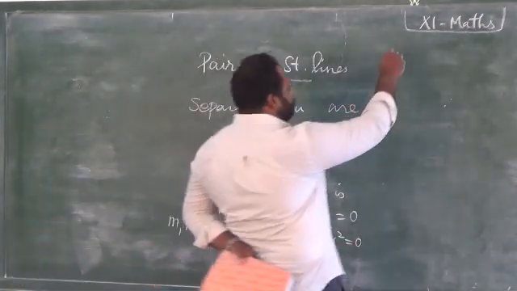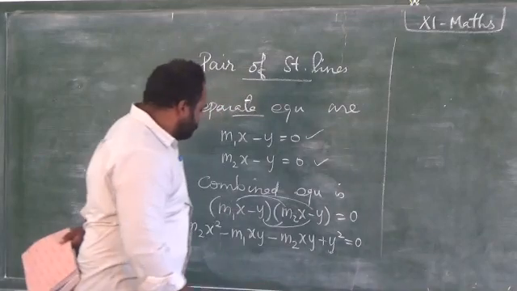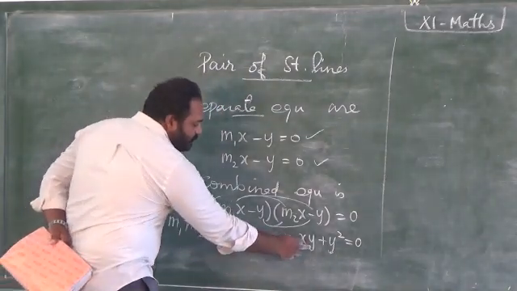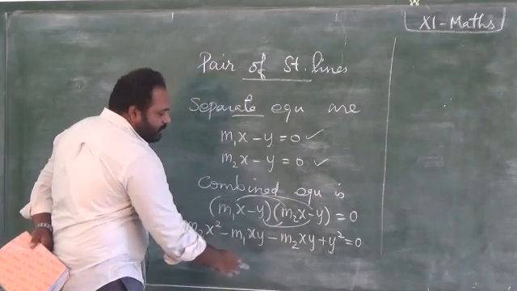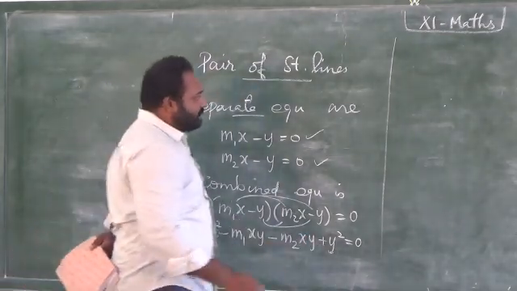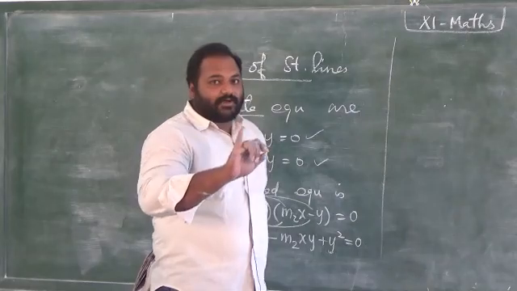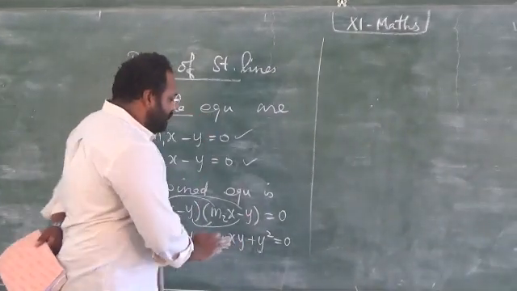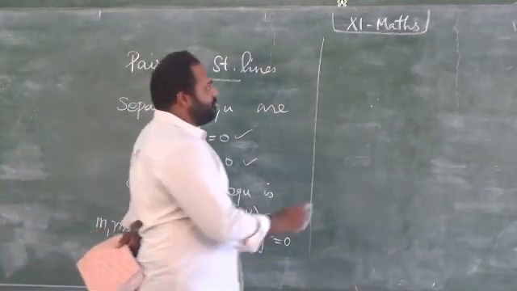Now we have some more simplification. This is the x square term, this is the xy term. We have two terms in xy, then the y square term. So we write the x square term, then the xy term, then the y square term. This is the general form of pair of straight lines.